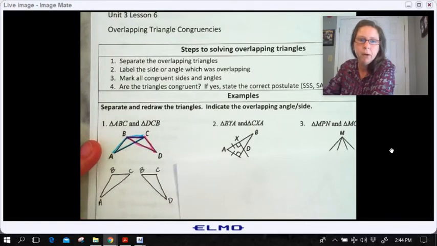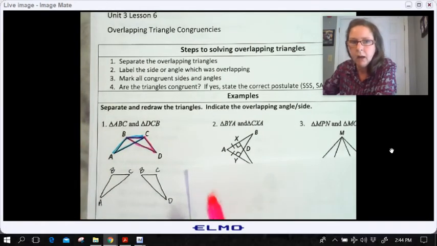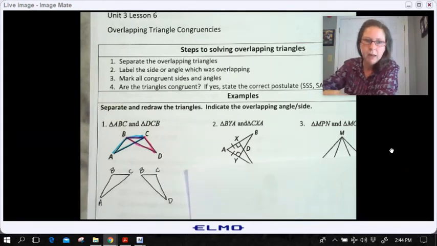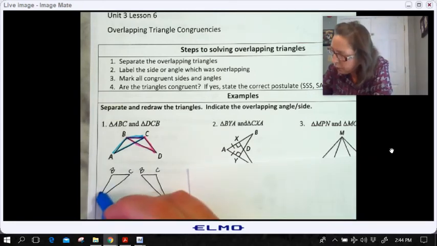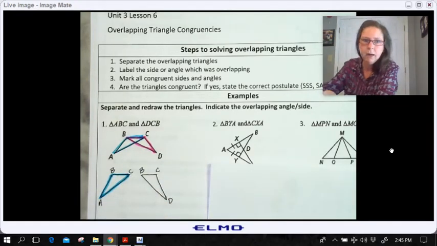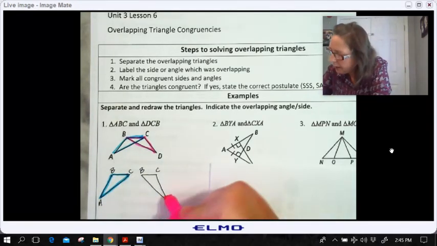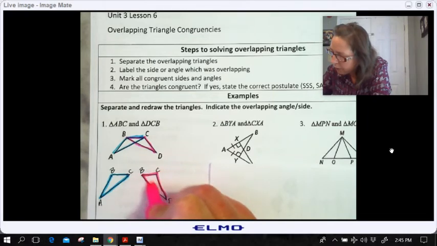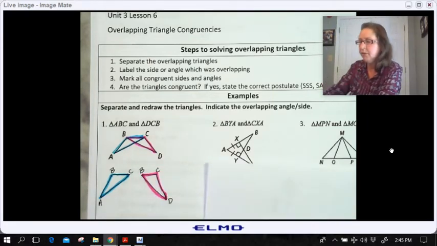I'm going to separate them like this. So you can see I have ABC still down here, and I have DCB right here. And I did my best to make them look the same as the original, okay?